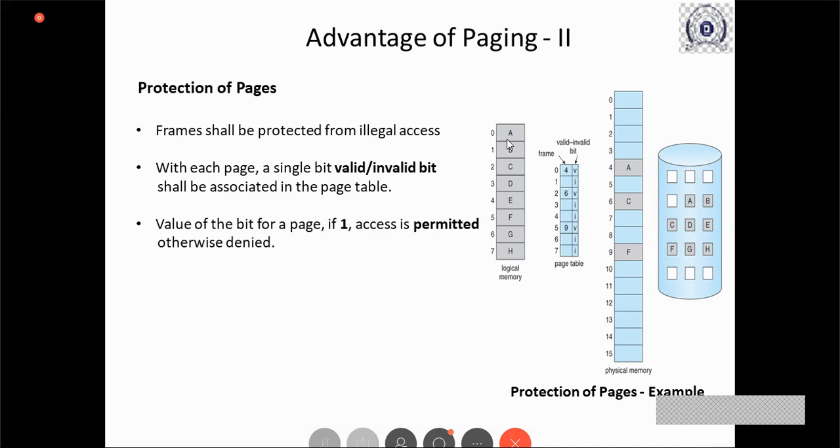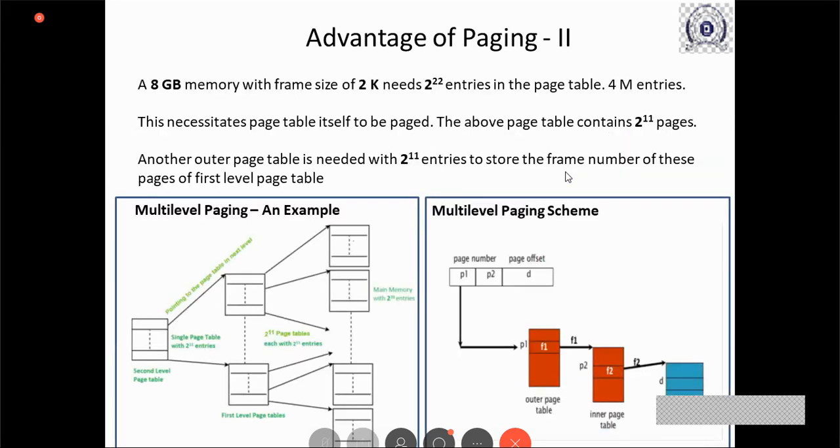In the figure, you can see that the 0th page is stored in frame number 4, and the frame number is written in the page table: 0th page, frame number 4. It is valid, hence it is permitted to access frame number 4.